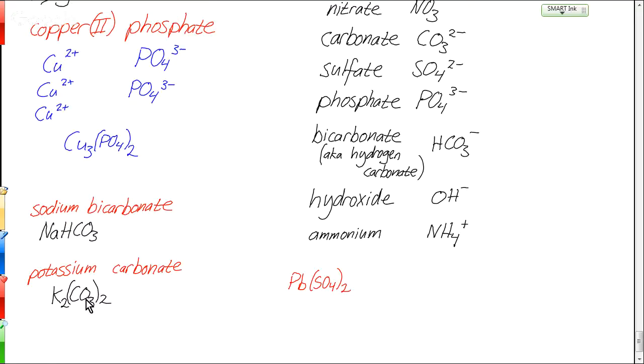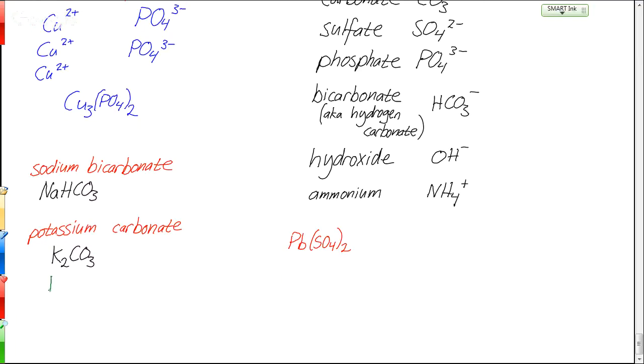So if we've got 2 of them, that's a 4 minus overall, and that's not going to balance with the 2 pluses. So this should really just be K2CO3. Let's check again how that works. See how that goes? The 2 pluses balance out the 2 minus. All right, and then the final one.